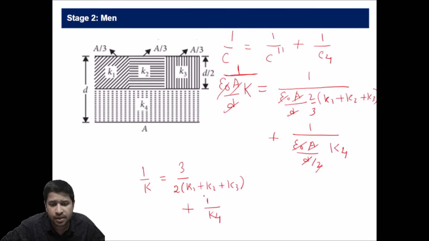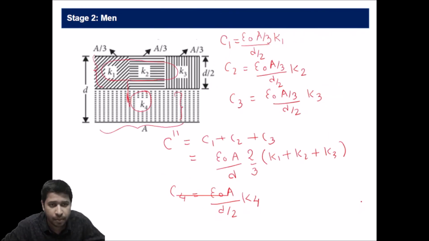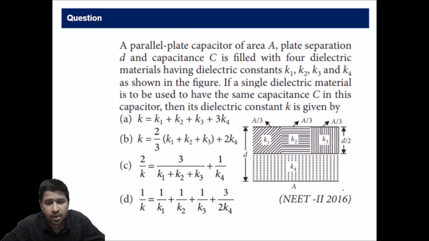So if we take the 2 to the other side, we can write it as 2 by K is equal to 3 divided by K1 plus K2 plus K3 plus 2 by K4. So if we go back to the options and have a look, we'll see that this is precisely option C.